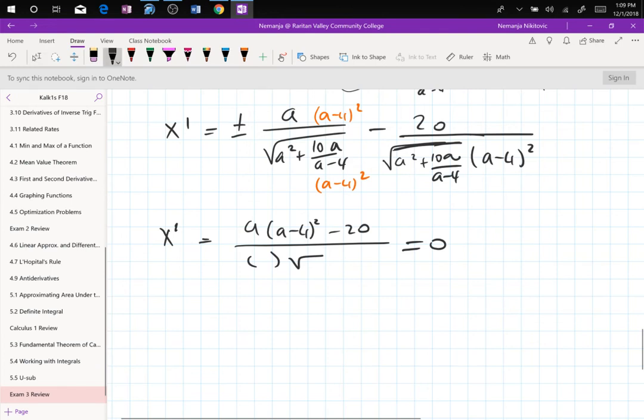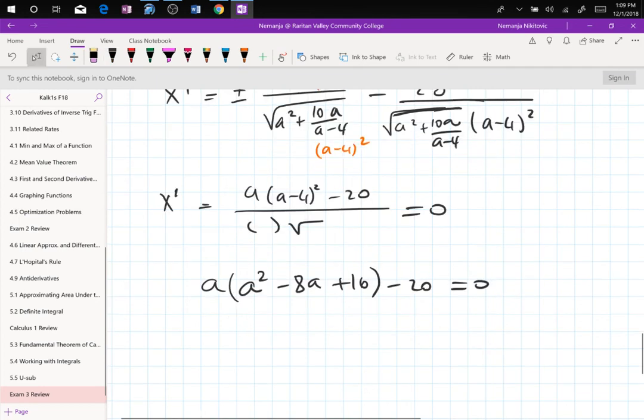And the numerator is going to be a times, and now you square this out, that's going to be a squared minus 8a plus 16, and then we have minus 20 equal to 0. So we're getting a cubed minus 8a squared plus 16a minus 20 equals 0. That's the equation we need to solve.